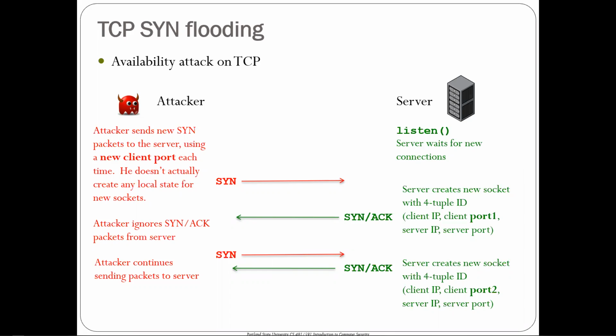On a web server, maybe you'll have eight processes handling incoming web connections, and maybe your backlog for the listen queue is 16 or a couple dozen. If I send a couple dozen of these, I'll fill up your backlog because I'm never going to respond with an ACK to allow you to accept the connection and serve it, which is what the server is trying to do.